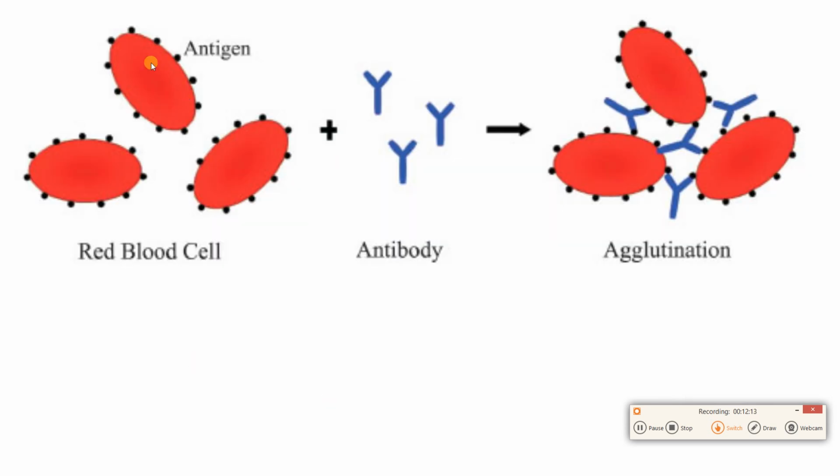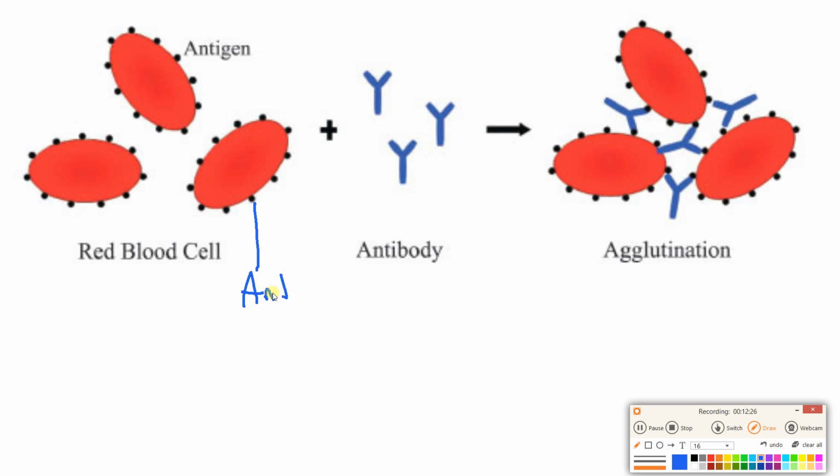And here we see some red blood cells mixed with some antibodies. And let's just pretend, you see these little dots here? Let's pretend that little dot is antigen A, okay? And this antibody, let us pretend it is the anti-A antibody.